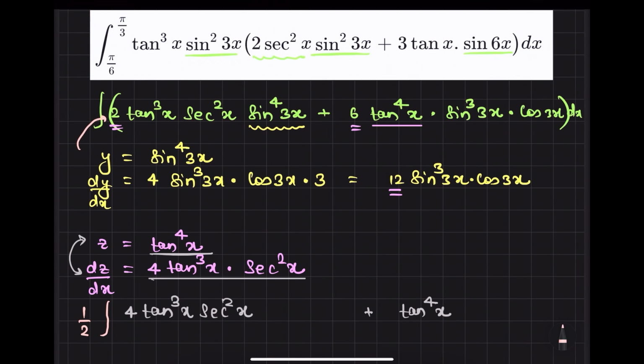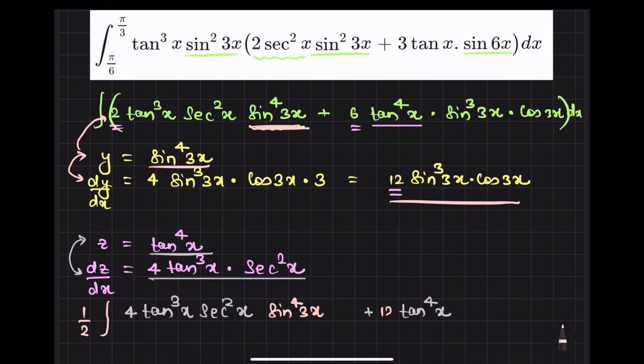Now, the next component is what? Yellow. So I will connect the yellow part. So look at this. So here we are having sine power 4 3x, right? So I will be writing that one. So it is sine power 4 3x. Now look at this. I will be writing this. So you know that you have multiplied by 2, so 6 will become 12.